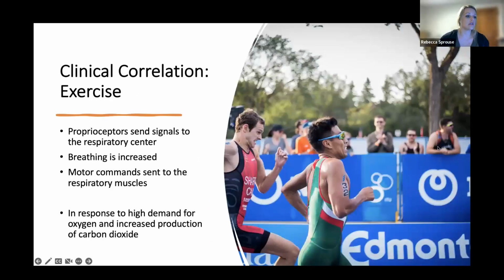So here's a clinical correlation for you. During exercise, right, proprioceptors, which are receptors that detect movement, send signals to the respiratory center. Your respiratory center tells you to breathe faster and deeper than normal.